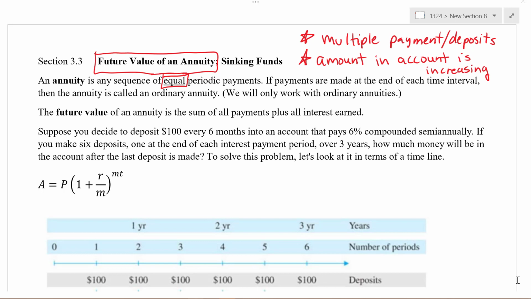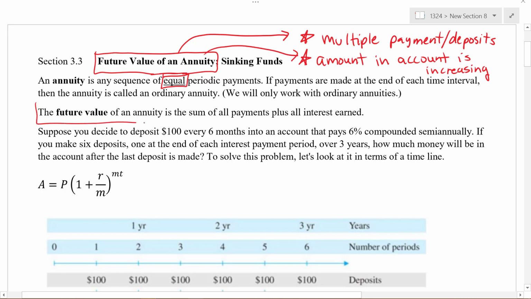So we're only going to use the future value of an annuity formula if we have multiple payments or deposits being made into the account and the amount in the account over time is increasing. If the payments are made at the end of each time interval, then the annuity is called an ordinary annuity. We are only going to work with ordinary annuities.